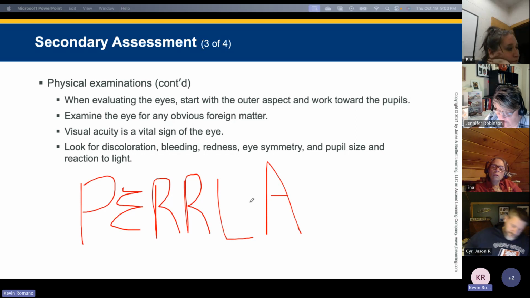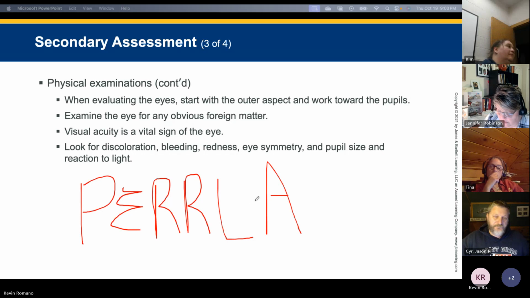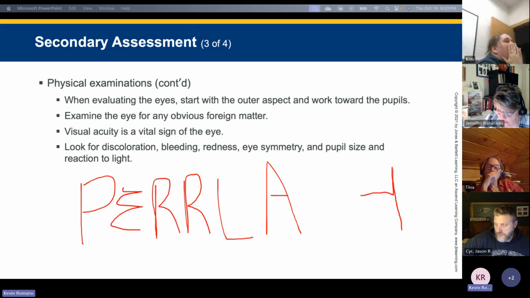Do they have the ability to follow commands? So looking at an H pattern, you start here, you go over, up, down, over, up, down, middle. Okay, that's looking at accommodation. Make sure they can follow commands.